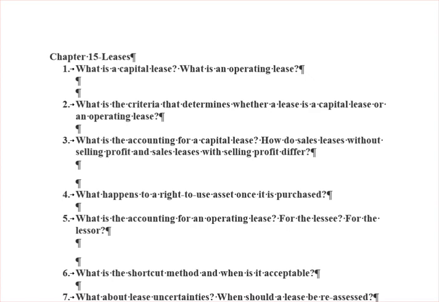What is it really? And then the second one, you have to know the criteria because you got to put it into a category. Is it a capital, and we also call this finance lease, or is it an operating lease? It's one or the other.